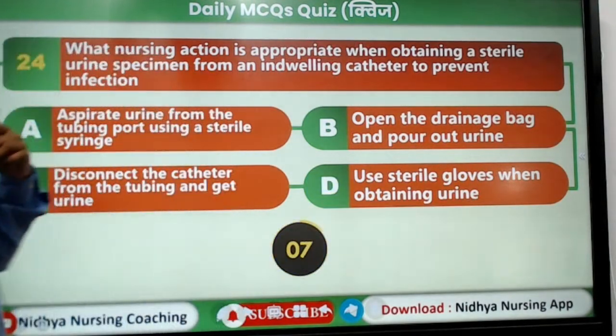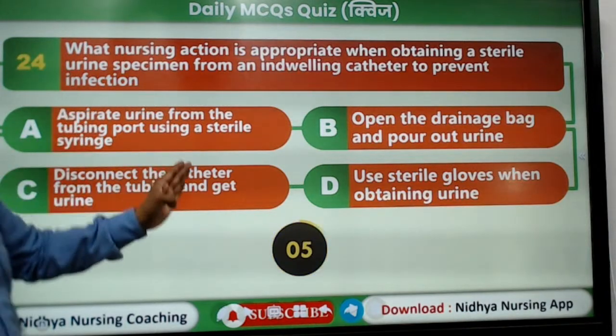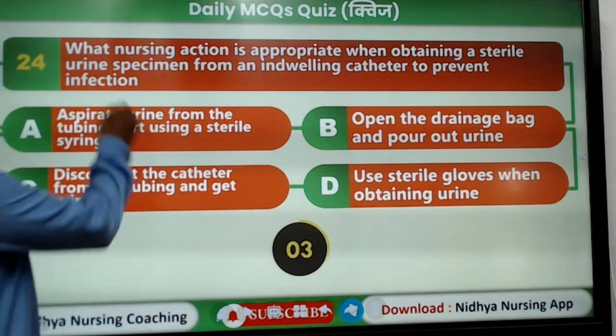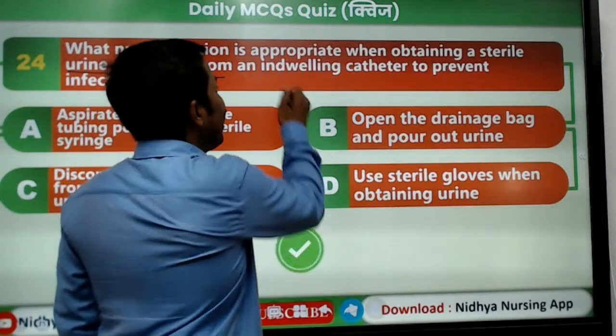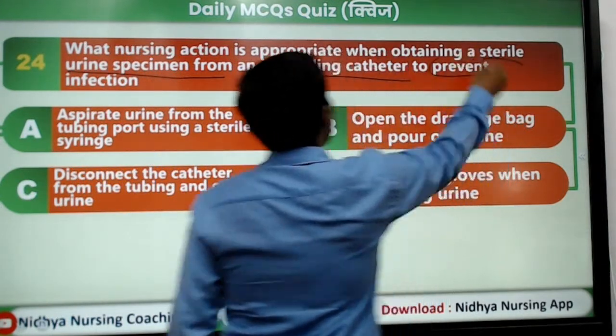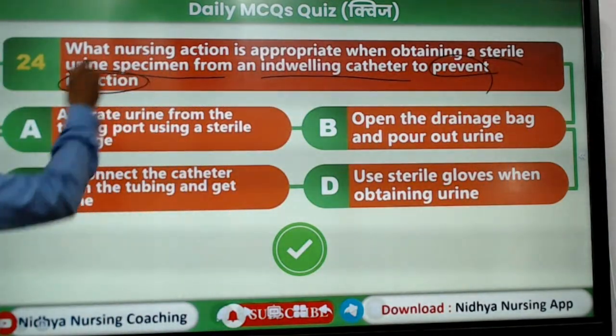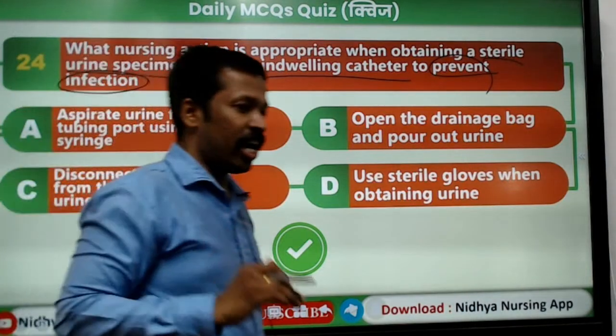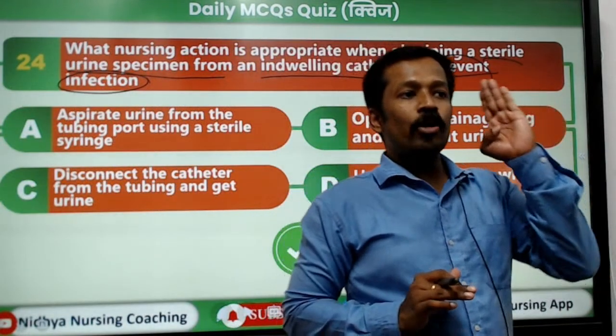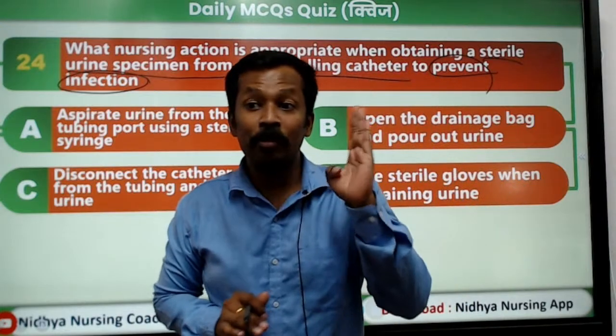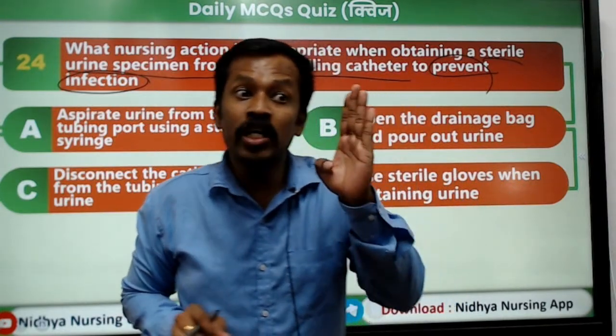Next one. What nursing action is appropriate when obtaining a sterile urine specimen from an indwelling catheter to prevent infection? For preventing infection, what are the basic things?